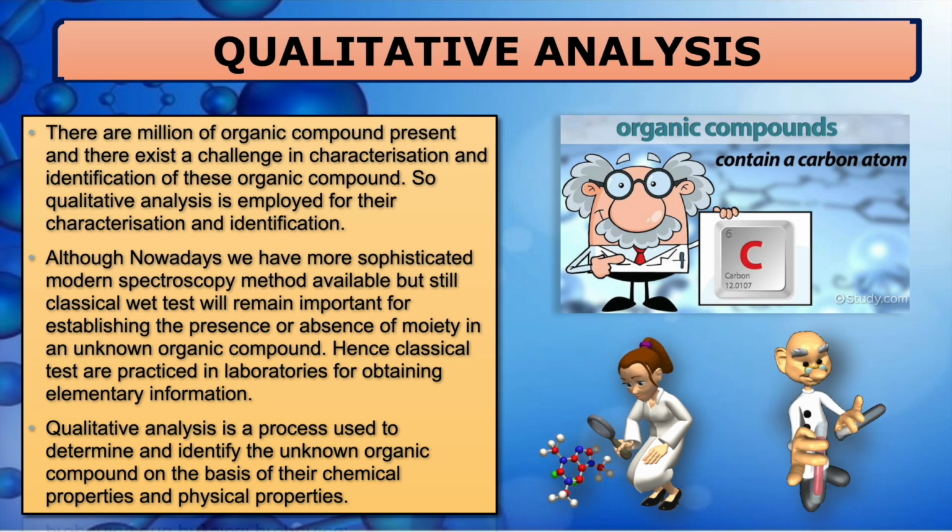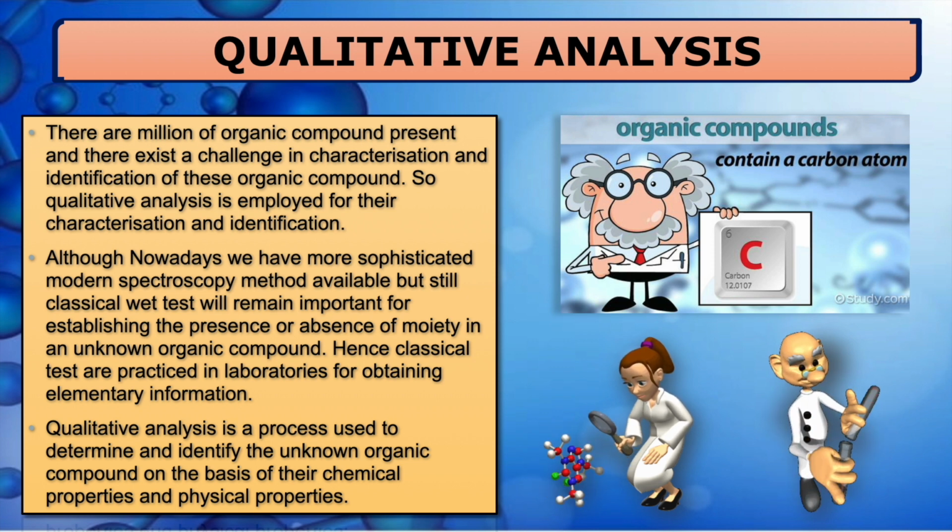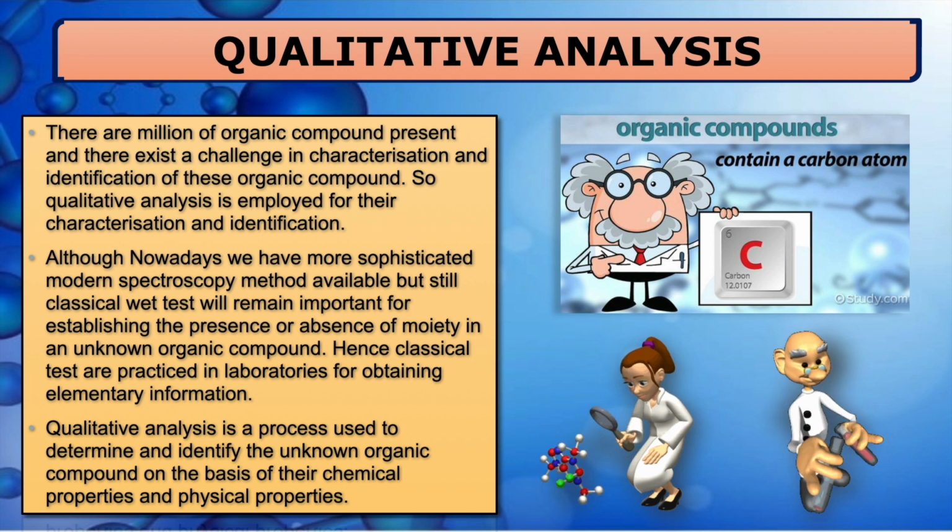Thank you, Gautam. So, beginning from our main topic, that is qualitative analysis. After listening to this term, the first question that arises in our mind is what it is basically all about. So, basically, qualitative analysis is a technique which is employed to characterize and identify organic compounds.